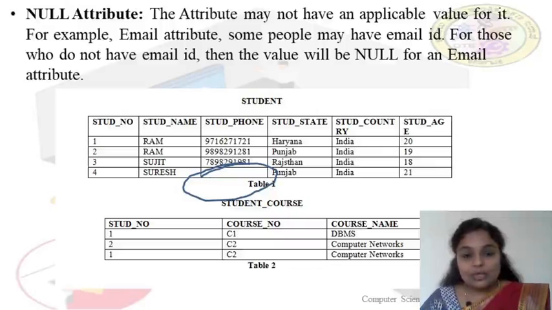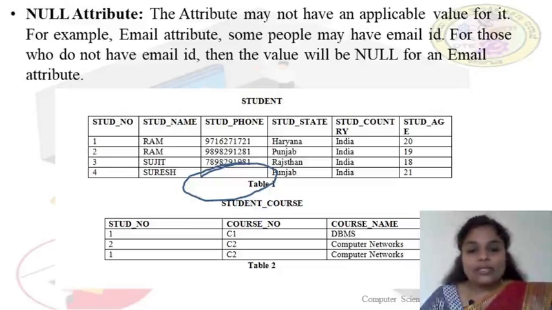Whereas the second student, whose name is also Ram, I agree, has roll number 2 and is from Punjab. From this we can clearly make out that there are two students with the same name in a particular class. How are we differentiating them? By using their student number. Okay, this is not the point here.